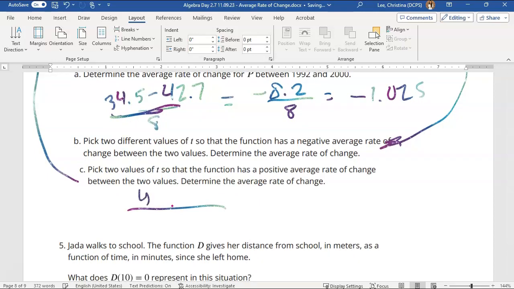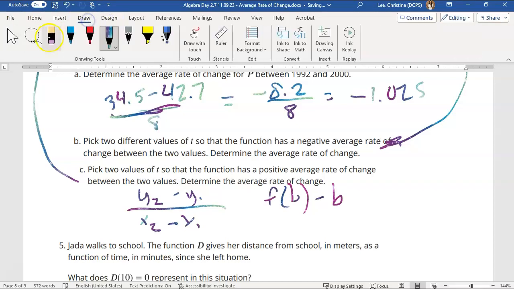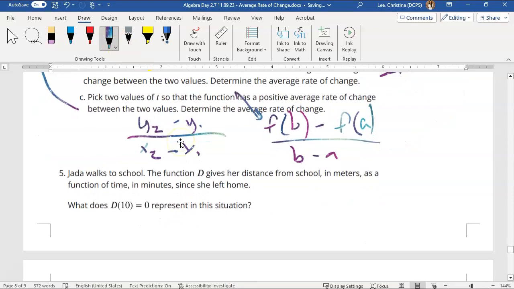All right, so this is the same as your slope formula. Or you can say f of b minus f of a, all over b minus a. So you're putting your outputs on top and your inputs on the bottom.